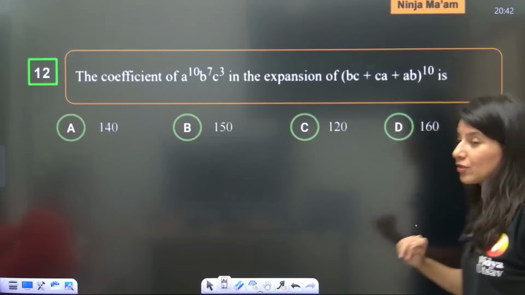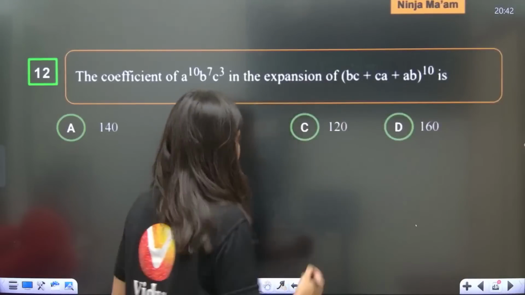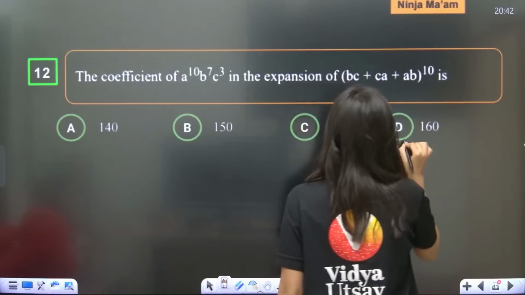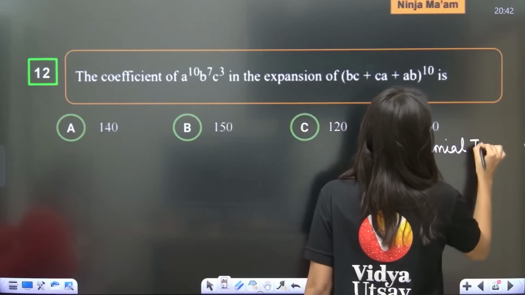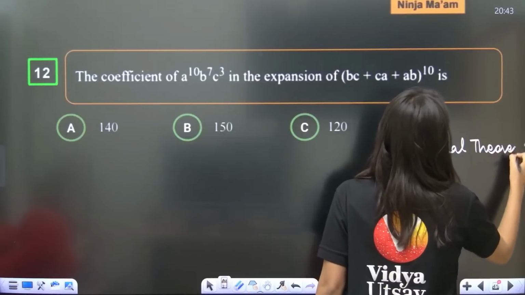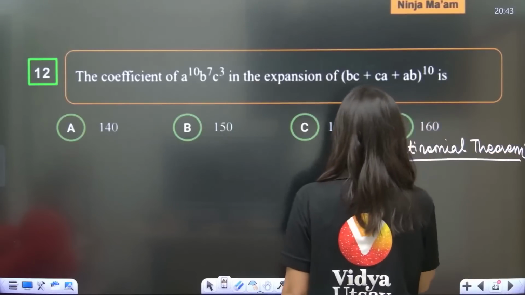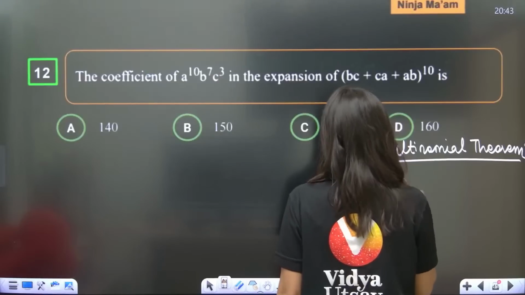And this is a question from the multinomial theorem. Multinomial theorem says what? Let me explain first. x plus y plus z power n.